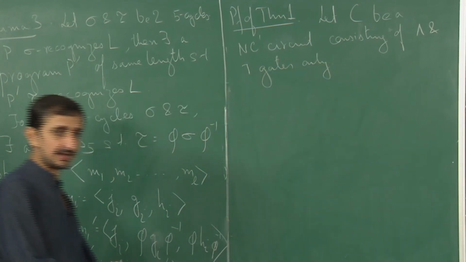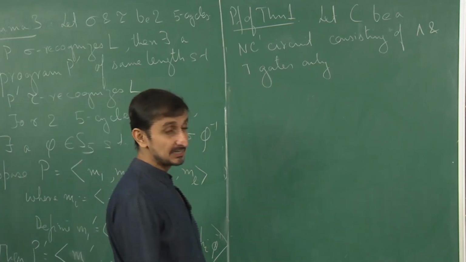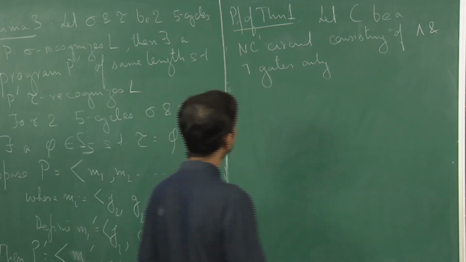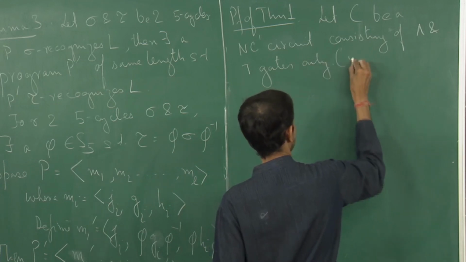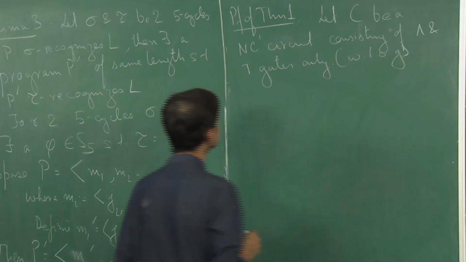Using De Morgan's I can remove all OR gates, and it is still an NC1 circuit. So, we can assume all these gates have fan in 2. Without loss of generality we can assume this.